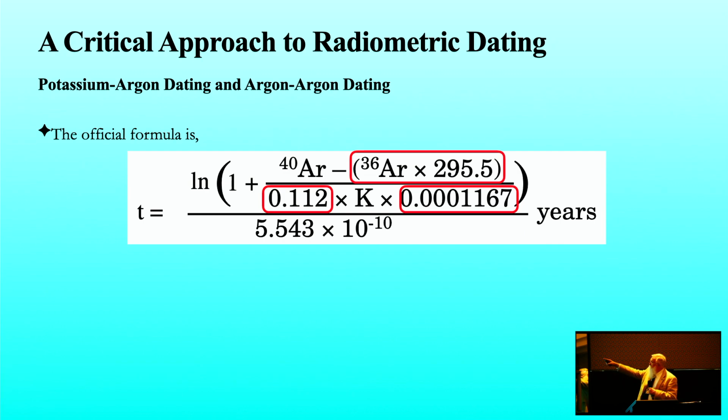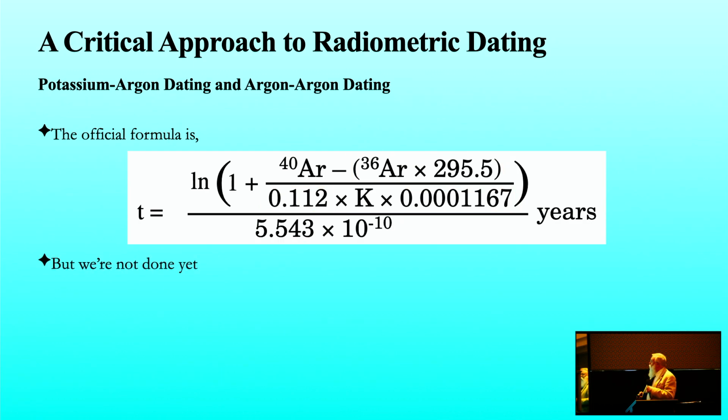Oh, I'm sorry, the second one is not that. It's the branching ratio. Some of it goes to calcium, so we have to factor that out. And then this last thing down here comes from the decay constant itself. Okay. Now, but we're not done yet.